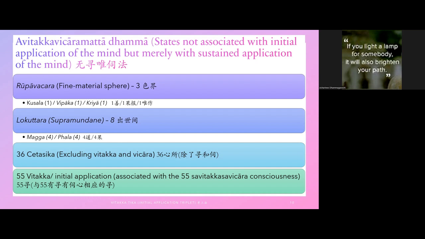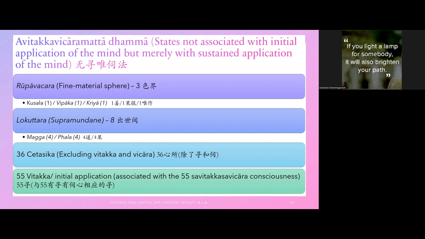This is with regards to one specific consciousness. Therefore, the vitakka of each consciousness is avitakka. It doesn't have another vitakka for it to be associated with. So how we can describe these vitakka is as avitakkavicāramattā. That is why they are classified under this term.